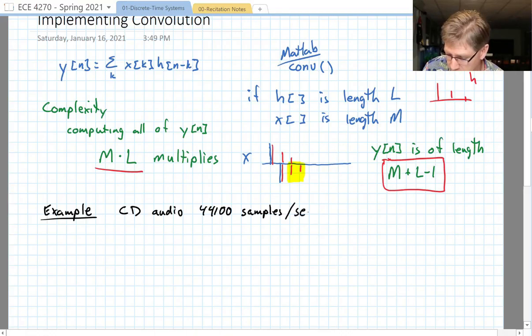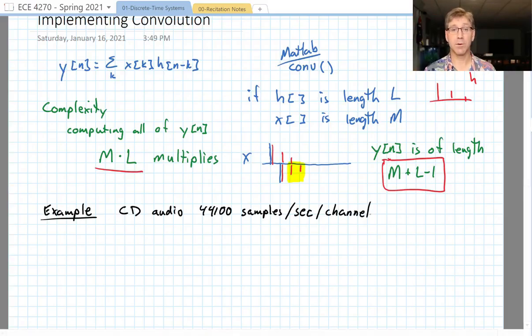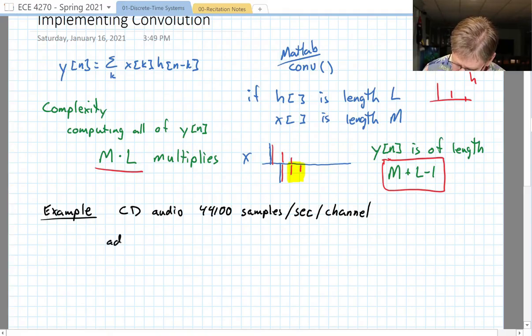How does it do that? Well, they're using some tricks, but the basic idea is that you find the impulse response of the concert hall and you convolve your music with the concert hall. So let's say then that we have CD audio. There's 44,100 samples per second per channel, and we want to add some reverberation.